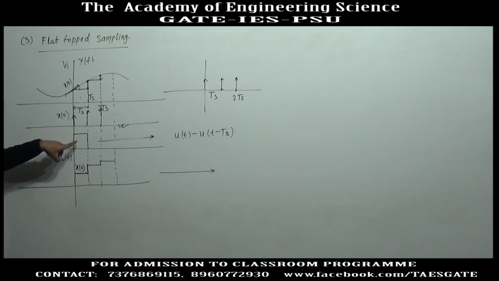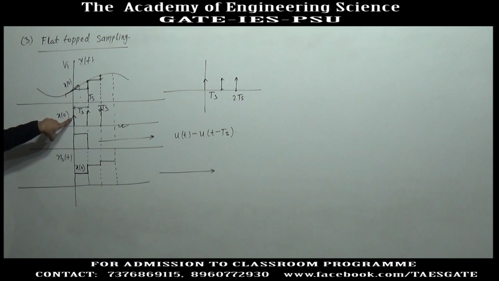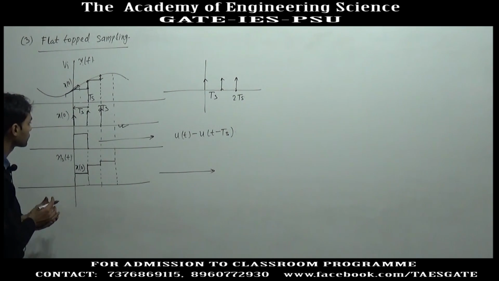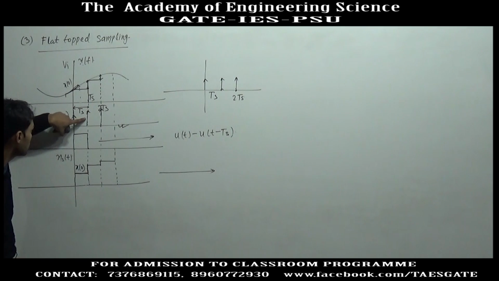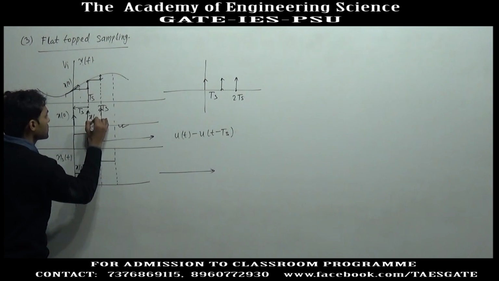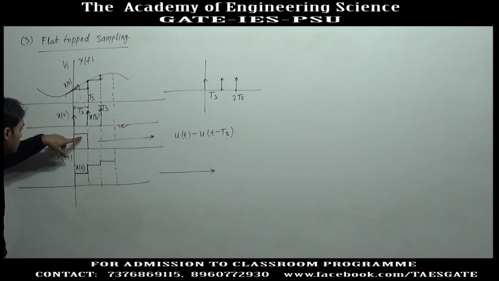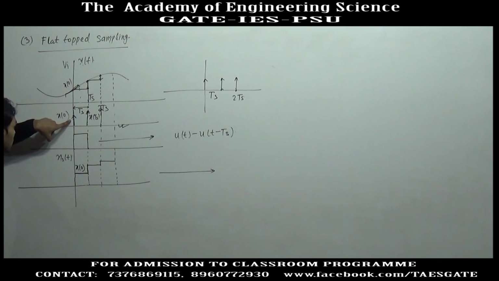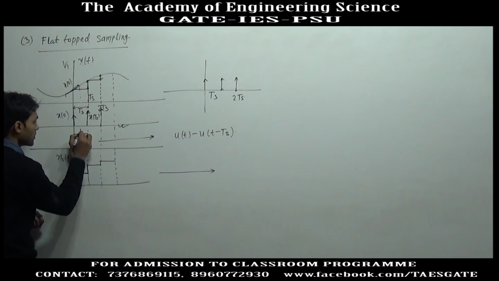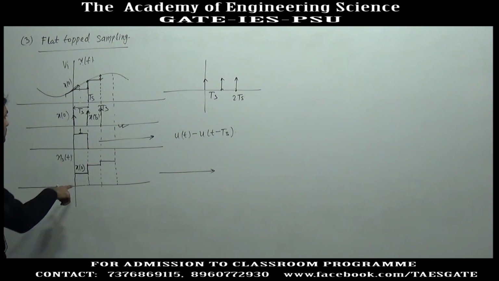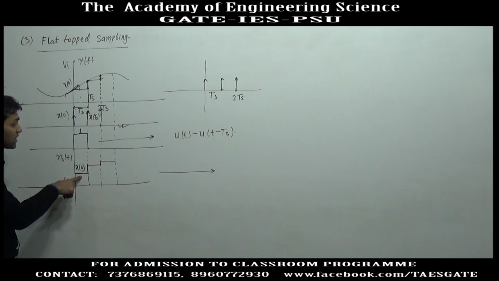If we take convolution of this signal with the impulse x(0), we will get x(0). The height of this pulse is 1, so the equivalent height will be 1 into x(0). So, we will obtain x(0) here.